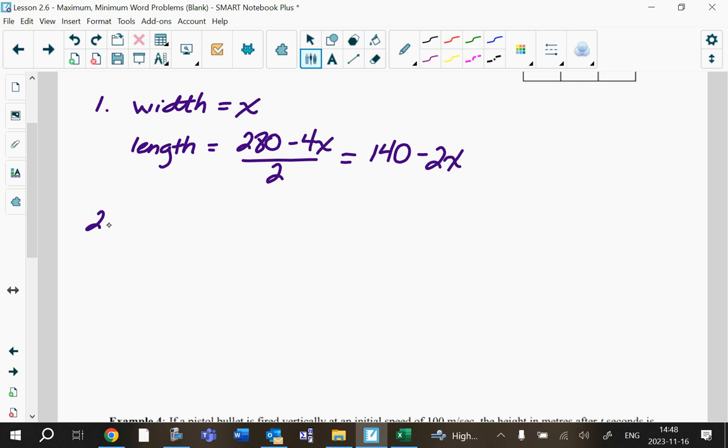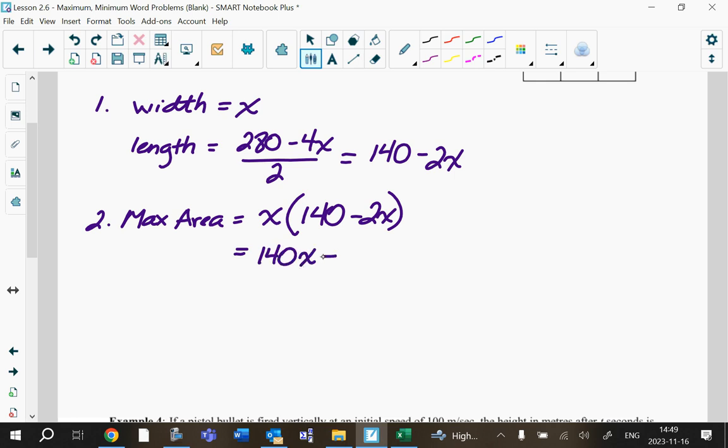And now what do we do? We find the max area by multiplying the expressions we got for the width and the length. So the max area is the width times the length. Multiply these through to get rid of the parentheses, so I get 140x minus 2x squared.